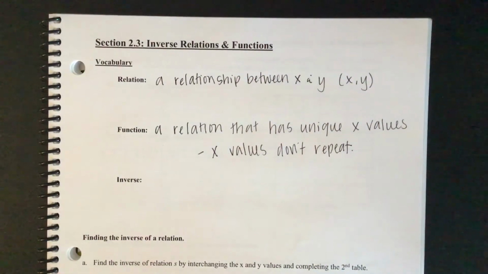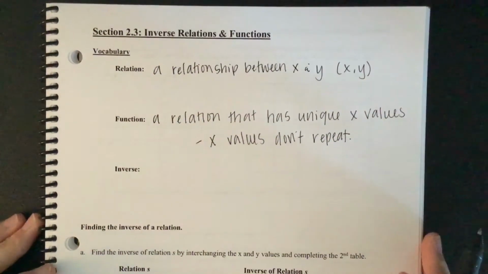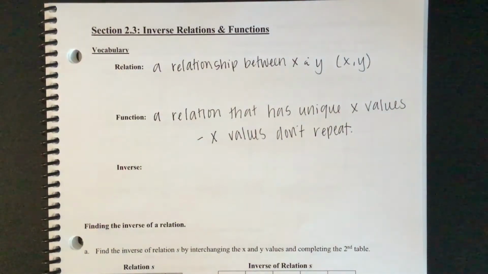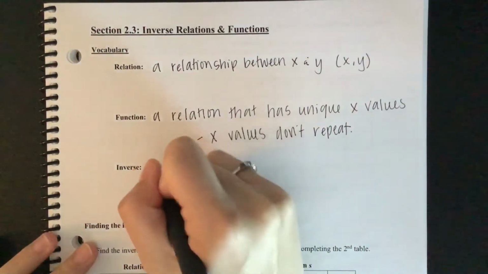Okay, an inverse. Think about what the inverse of an addition problem would be. What do you use to undo an addition problem? Well, you use subtraction. So inverses are operations that undo each other, graphs that undo each other, values that undo each other. Think about the inverse of a positive 5 as a negative 5, right? They're opposites of each other.